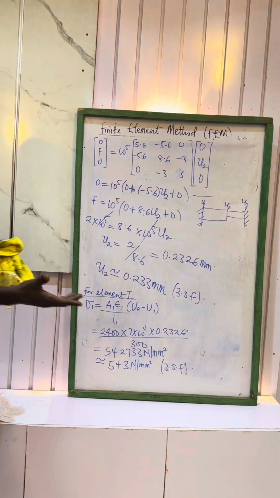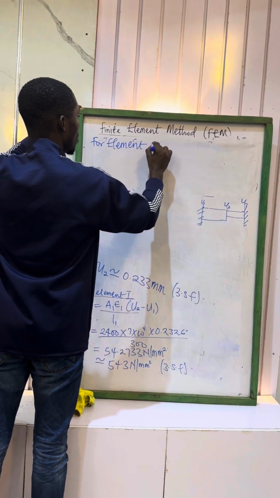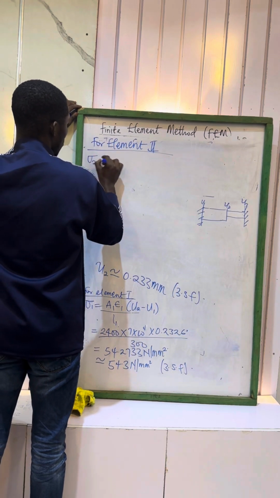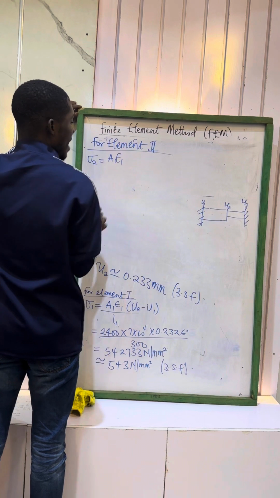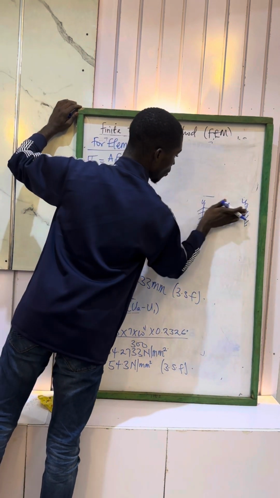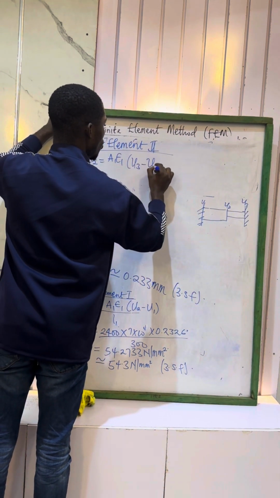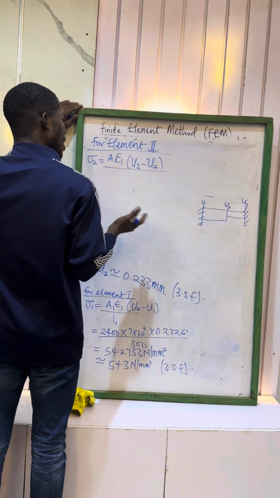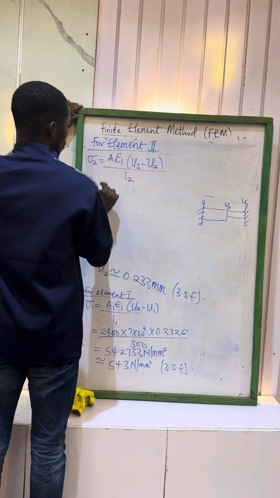Now let us determine the stress induced in the second element. For element 2, the stress that will be induced there will be sigma 2, which equals A1 E1. Now at this point, when you extend it, the stress that will be induced here will be going towards this here. So we'll be saying U3 minus U2 over the L2. So what's our A1?